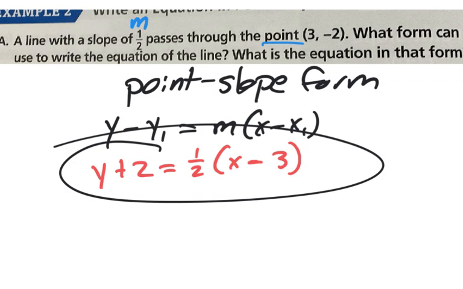And I'm done. I have put the line in an equation that is point-slope form. Questions? Okay.